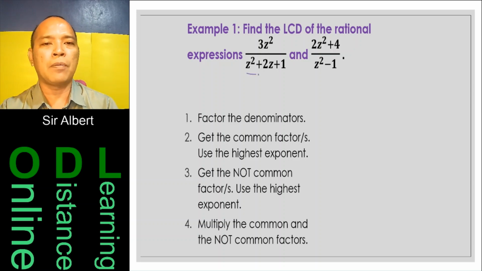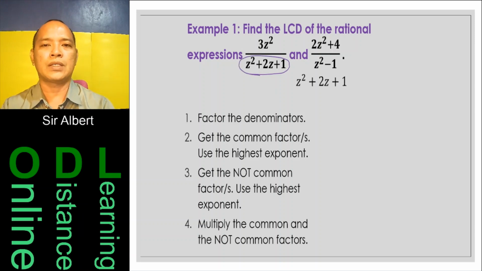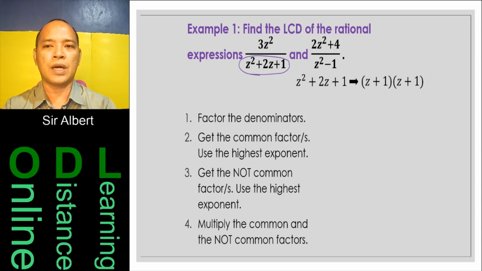Considering the first denominator of z squared plus 2z plus 1, we factor this in two ways. We can factor this as a type 1 trinomial, or a lot faster, we can factor this using perfect square trinomials. Z squared plus 2z plus 1 can be factored as z plus 1 times z plus 1, or we can have it as z plus 1 quantity squared.